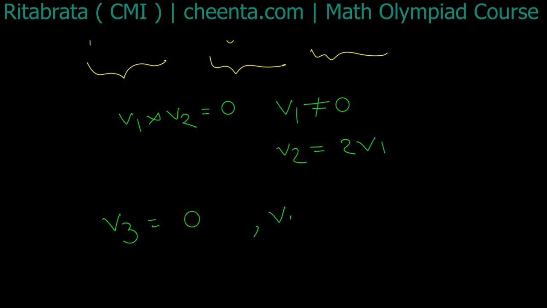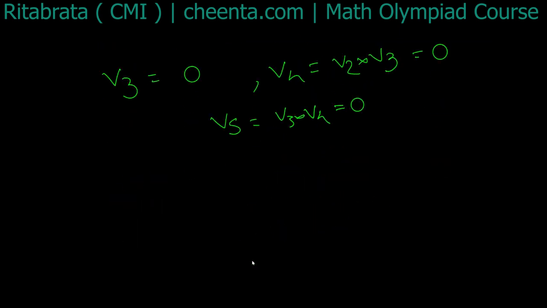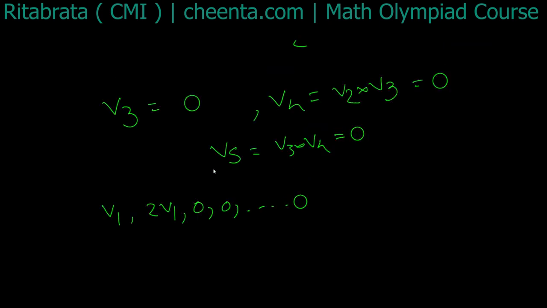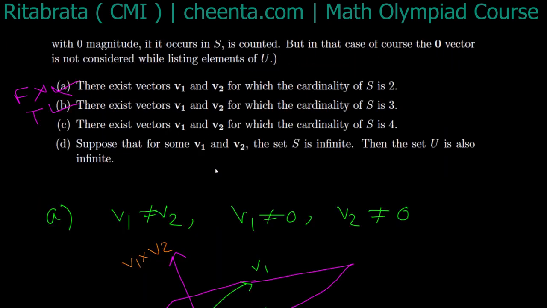Afterwards v4 equals v2 cross v3, and the cross product of any vector with the 0 vector is 0. v5 equals v3 cross v4, also 0. So my sequence becomes v1, 2v1, then 0, 0, 0, 0, and so on. So the distinct terms are only v1, 2v1 and 0. This is also a possible case for part B.